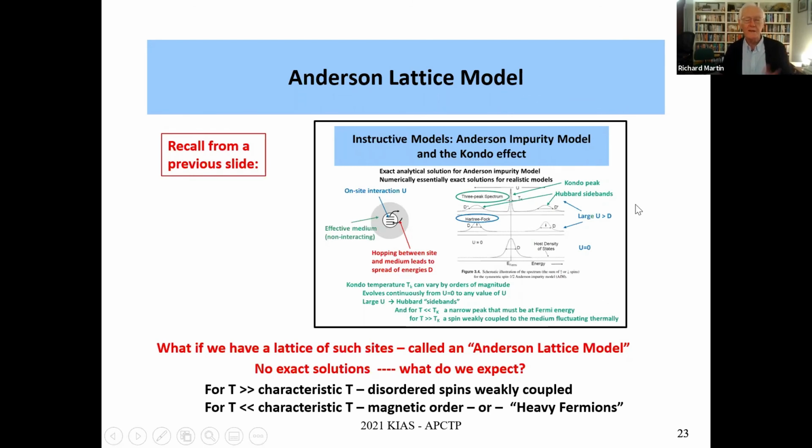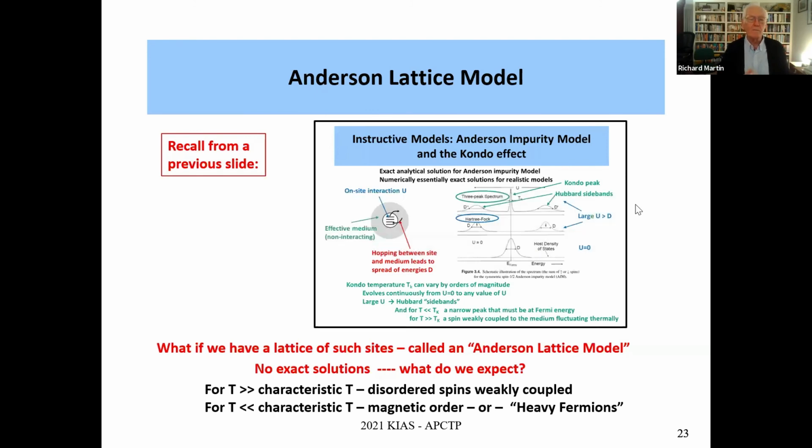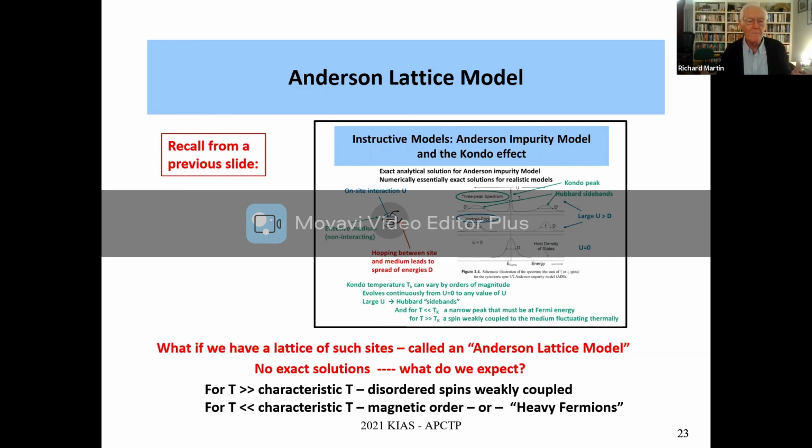We don't have exact solutions now for the lattice problem, but we can think about how this must work. For high temperature above some characteristic temperature, that's something like this Kondo temperature, we certainly expect that we will just have disordered spins, and they will each act like isolated impurities that hardly know about each other.